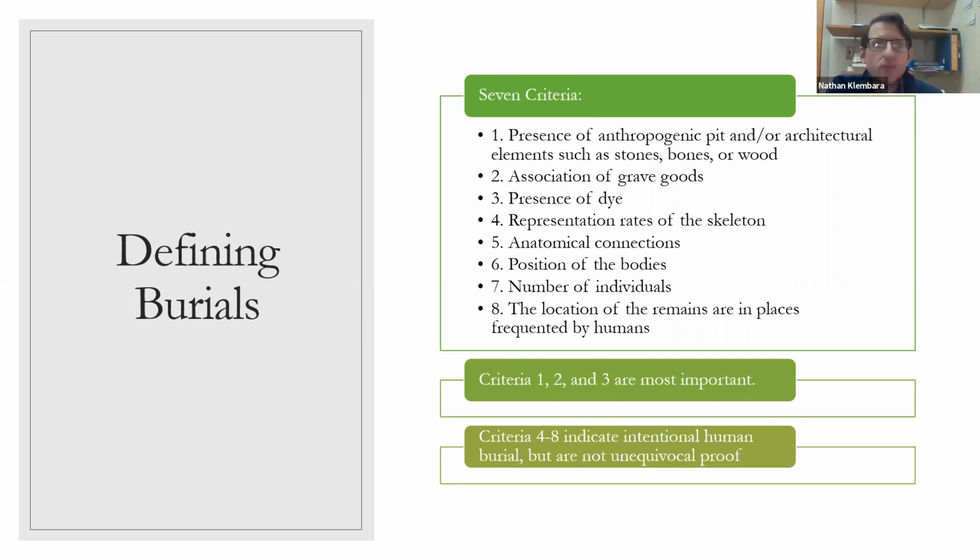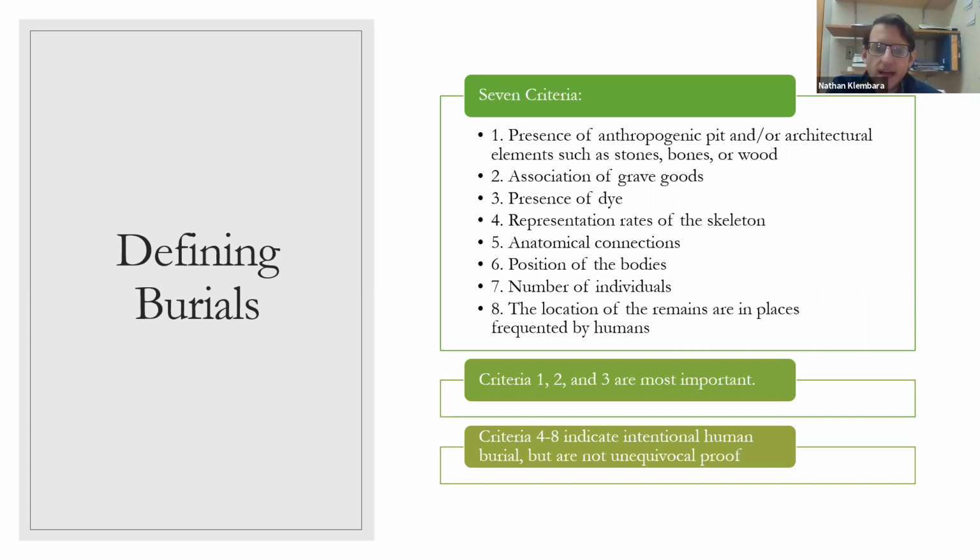Position of the bodies. If we find regular patterning, that the bodies are all facing east, or they're all oriented north-south or something like that, we would definitely notice that they were probably burials. How many individuals? If you have 3 bodies that are all buried at the same time, all in the same position, that starts to indicate that it might be intentional.